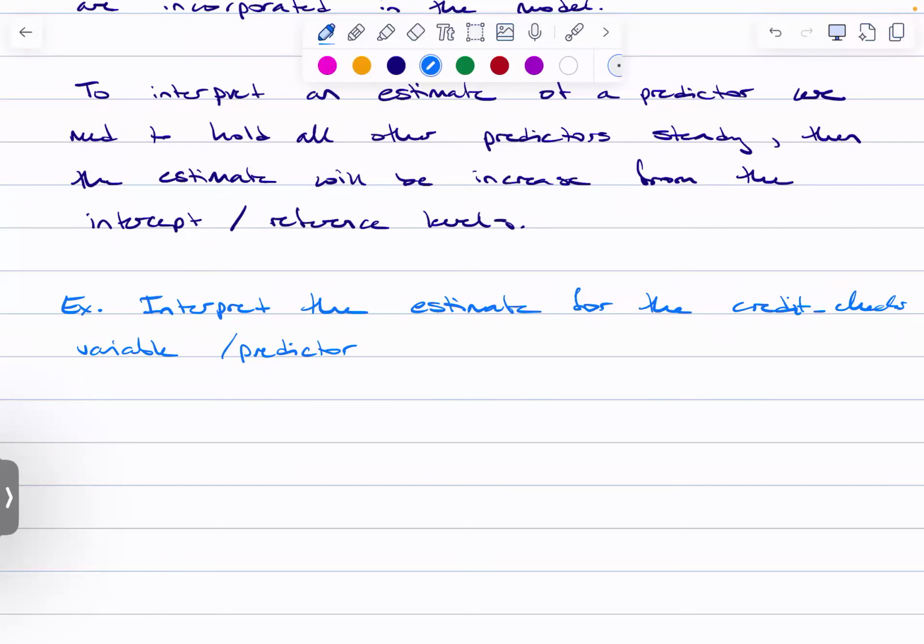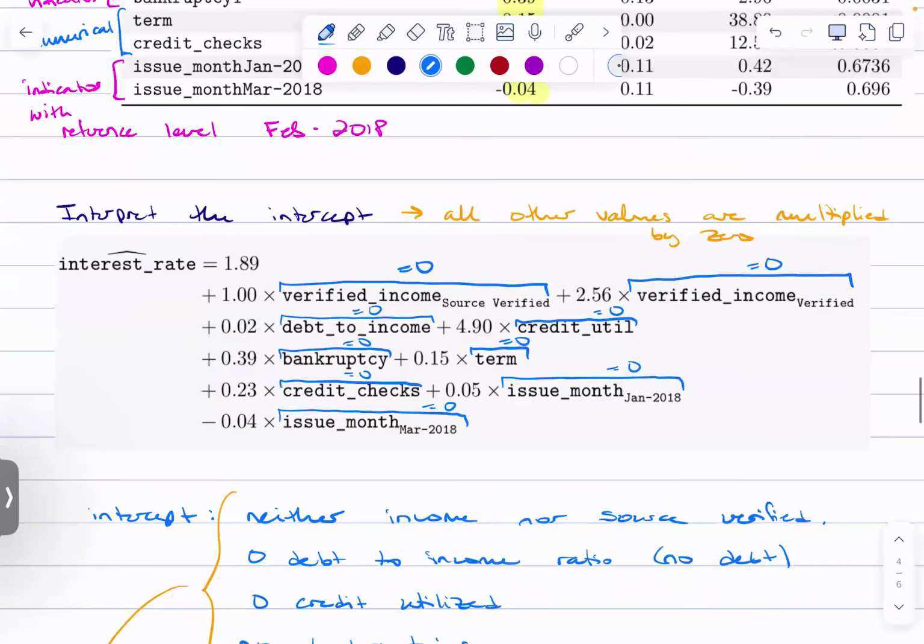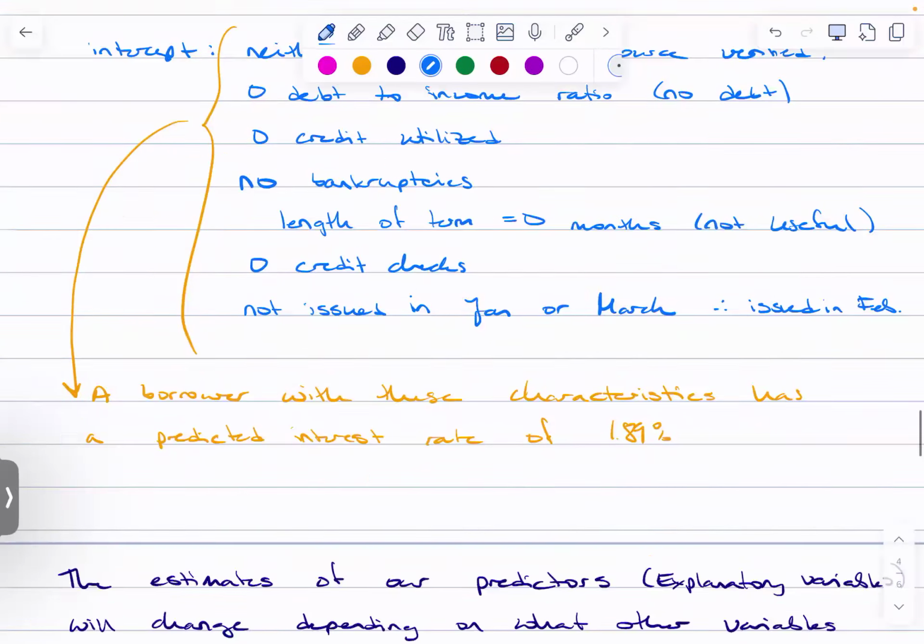Start incorporating the term predictor instead of just the random variables. So the estimate was 0.23.